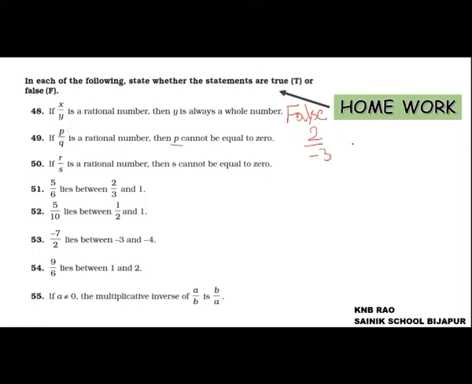So is there a condition that the numerator cannot be 0? No, not necessarily. We can have 0 upon any number, giving us a rational number. Therefore, this statement is false.